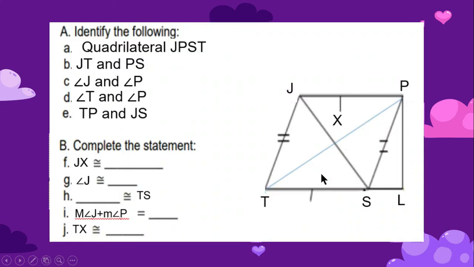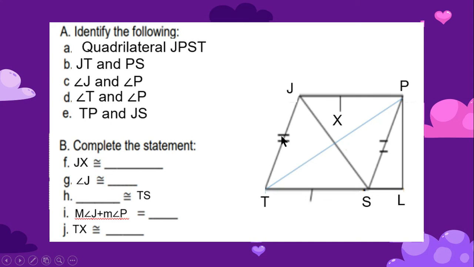Okay, so identify the following. Quadrilateral JPST. What kind of quadrilateral did we form? It's a parallelogram, of course. And then JT and PS.